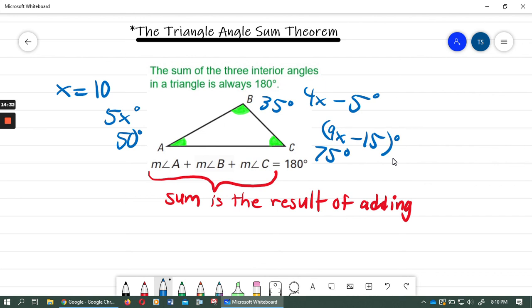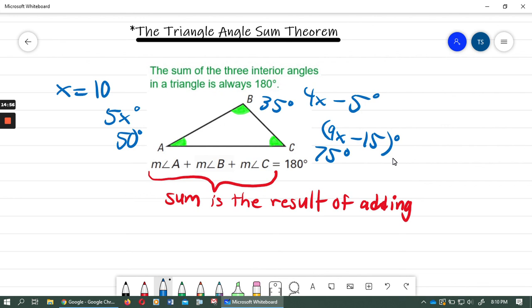Now, folks, this is a simple concept, but you can see a whole lot of different types of problems involving this. And the problems involving this don't just have to have triangles in them.